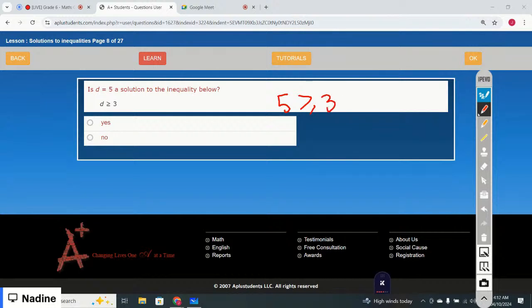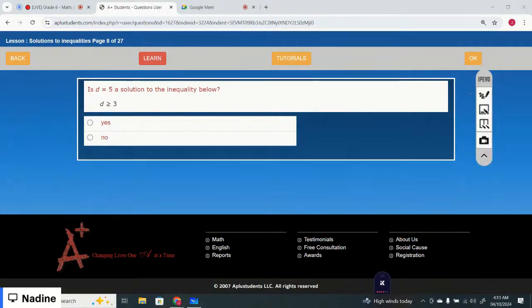Which is the correct option? 5 is greater than or equal to 3. Yes, it is. 5 is greater than 3, right? So the correct option is yes. Option number 1 is the correct option.